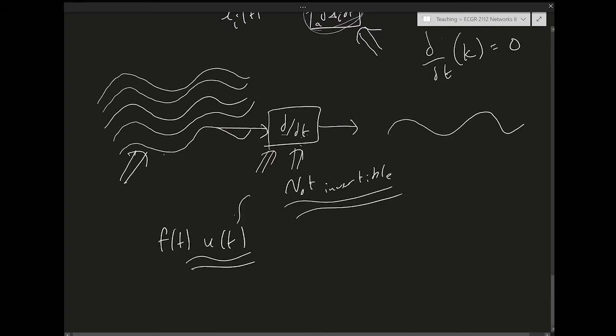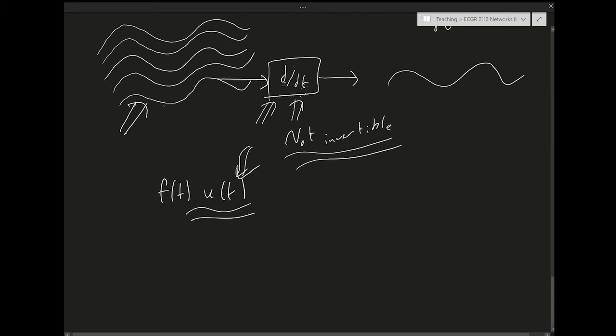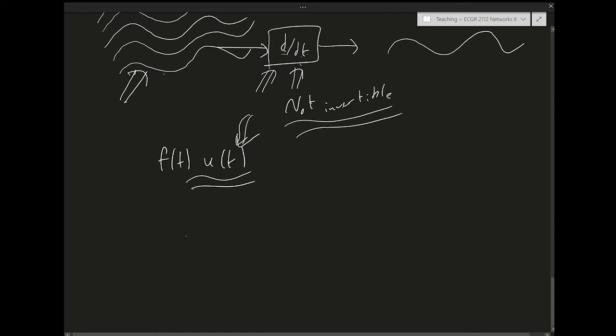That's the sole goal of introducing u of t. It turns d over dt, converts it to an invertible function. That's it, right? So instead of taking general x of t functions, which are continuous functions, we want to only consider functions that are f of t times some special function h of t, let's say.